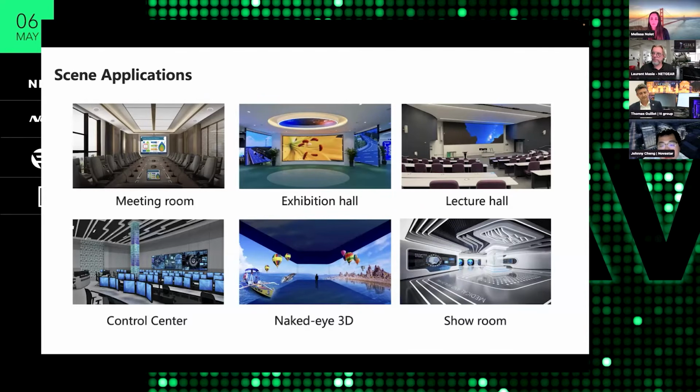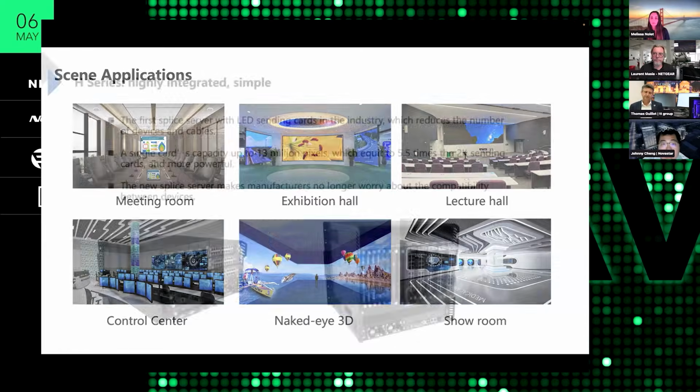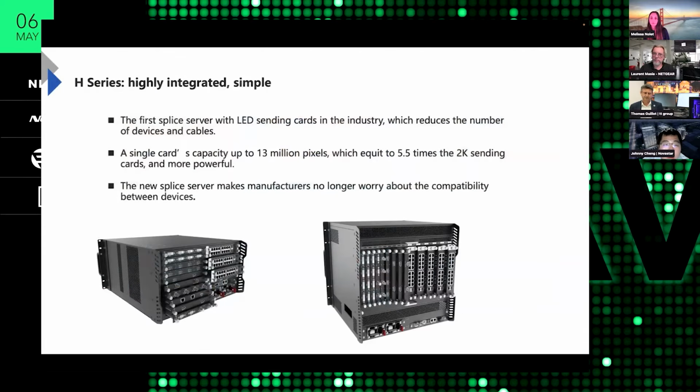If you have any requirement for naked eye 3D or showrooms, you can also think of the H series as your solution. Here is a short introduction: the H series is highly integrated and simple to use. This is the first splitter series for the LED sending card, and we have reduced many devices and cables.